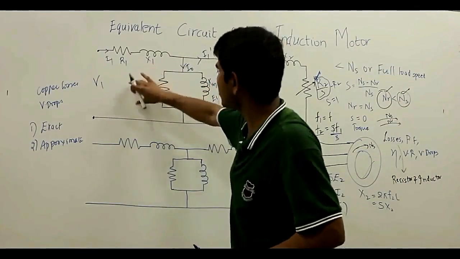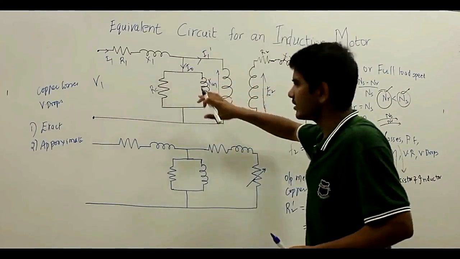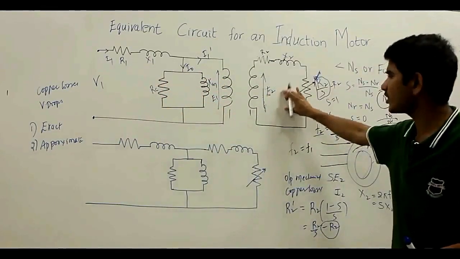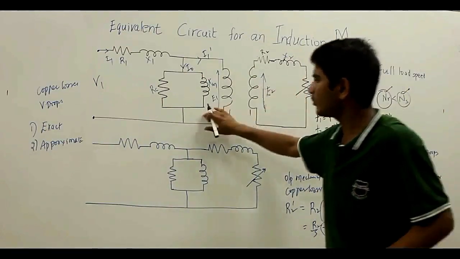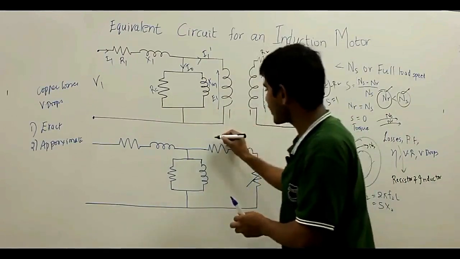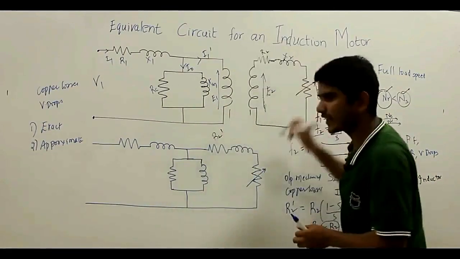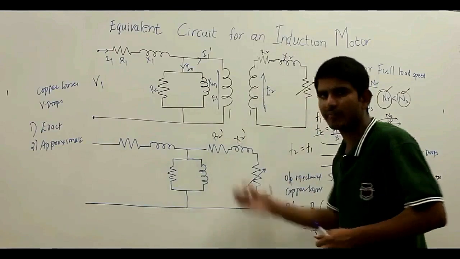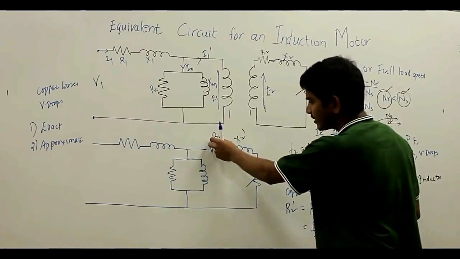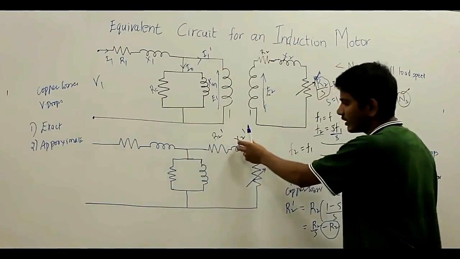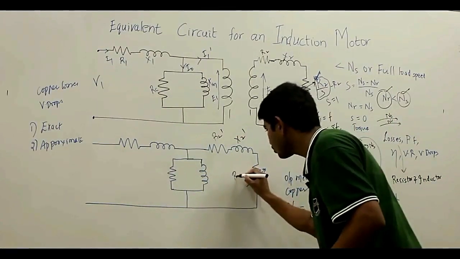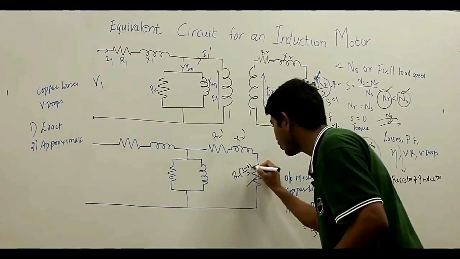The stator of the induction motor resembles the primary of a transformer and the rotor resembles the secondary. So I can write R2 as R2 dash and X2 as X2 dash, the rotor winding resistance and reactance referred to the primary side, and this will be R2 into 1 minus S upon S.